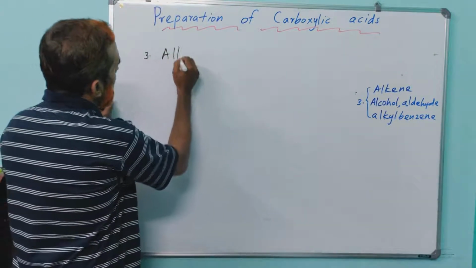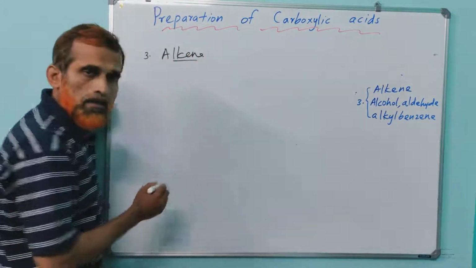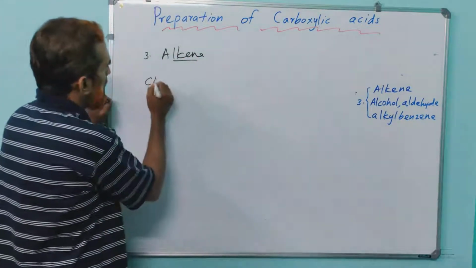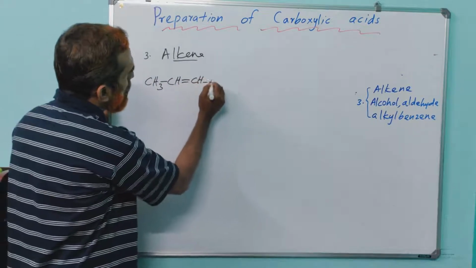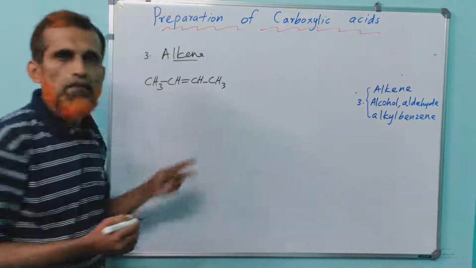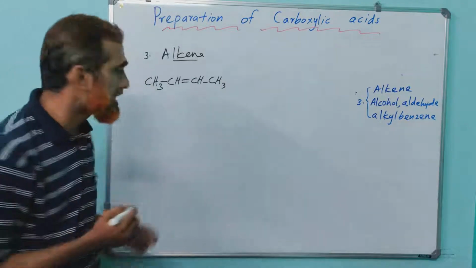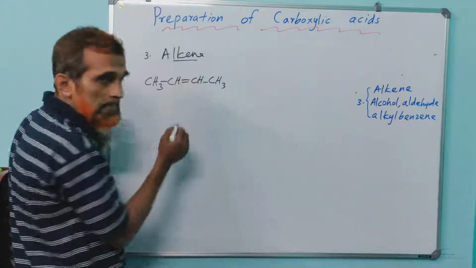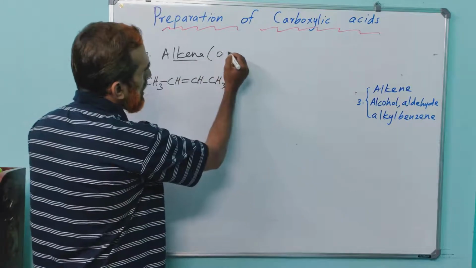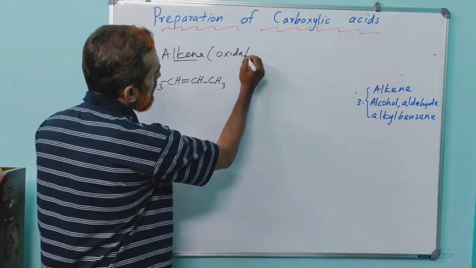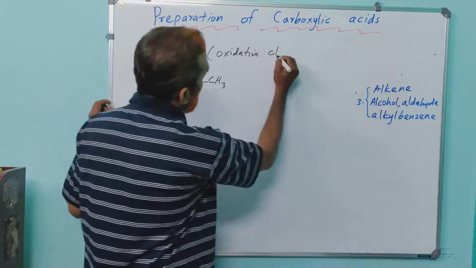From alkene, what is the reaction? How do you convert? If you remember, let me take an example. This is butene. This can be converted into carboxylic acid by what is known as oxidative cleavage. Breaking this pi bond, it's an oxidation, or it is called oxidative cleavage.